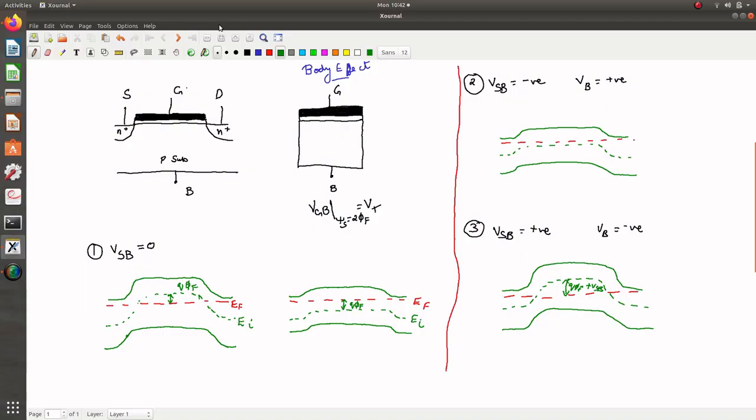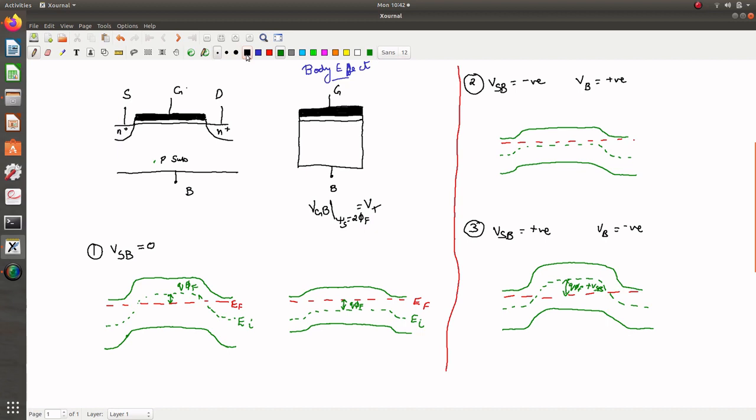Let us see what the body effect is in the case of a MOSFET. For that, consider the simple structure of a MOSFET. We have a P substrate, and the source and drain are N plus regions.